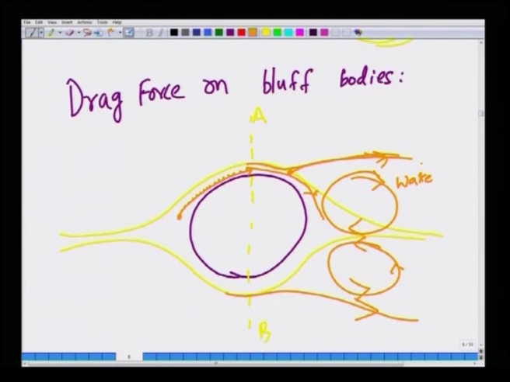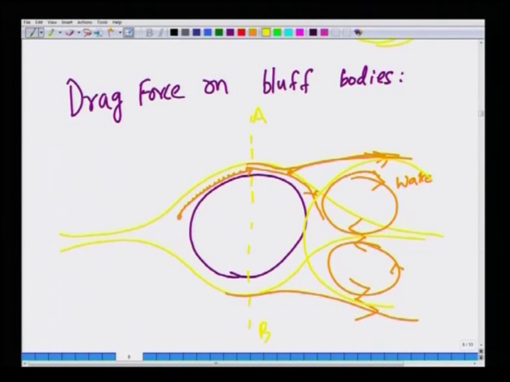Now, what is interesting about the wake is that it completely alters the picture that the boundary layer, where viscous effects are supposed to dominate, is only a thin region, because in the entire region of the wake viscous effects are important. So for bluff bodies, the picture that the boundary layer is a region of very small thickness compared to the object's dimension is valid only before separation, and the moment the flow separates from the body due to adverse pressure gradients, the boundary layer picture breaks down drastically.